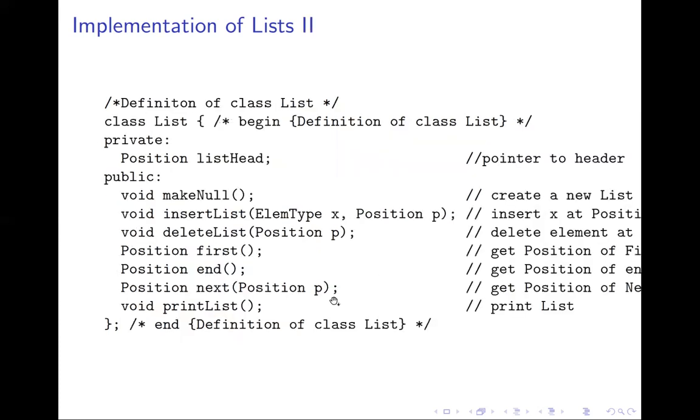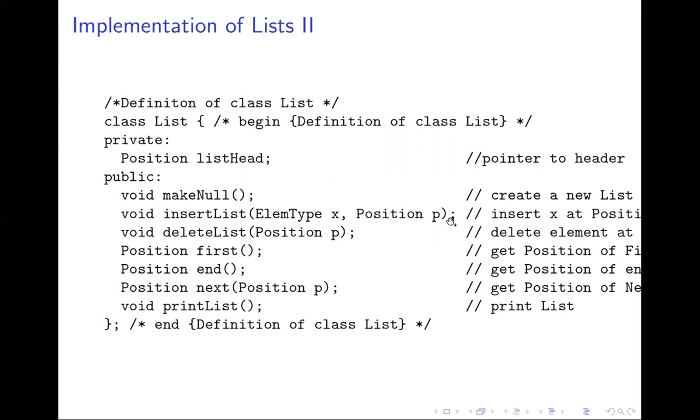Let me see how. What are the various operations that we have? Because it's a linked list representation, you only have a pointer to the head of the list. So position points to the head of the list. Then I can create an empty list, which doesn't return anything.